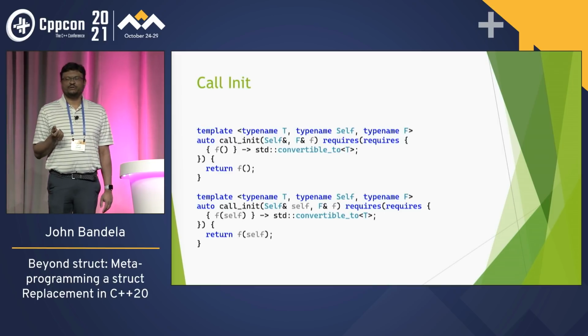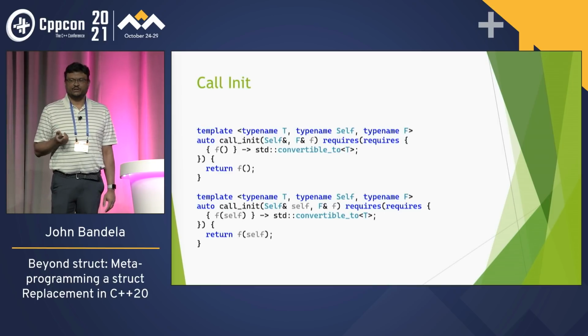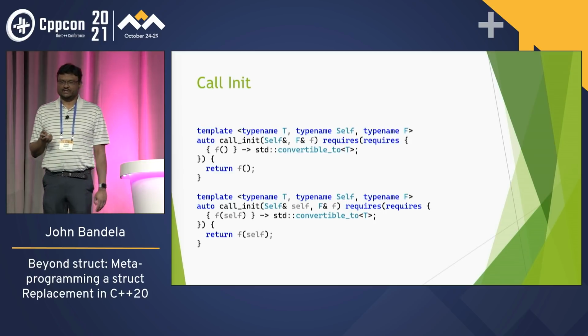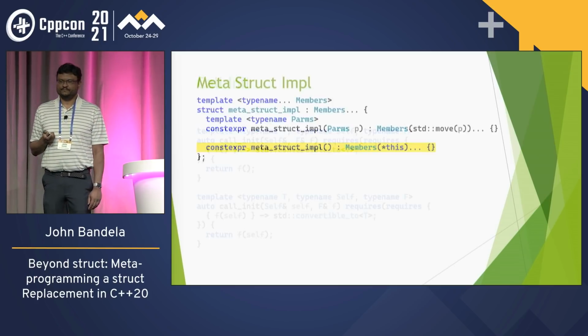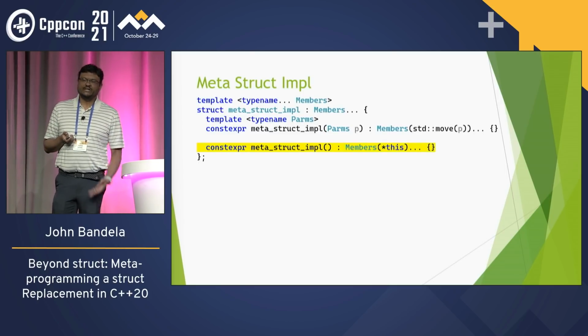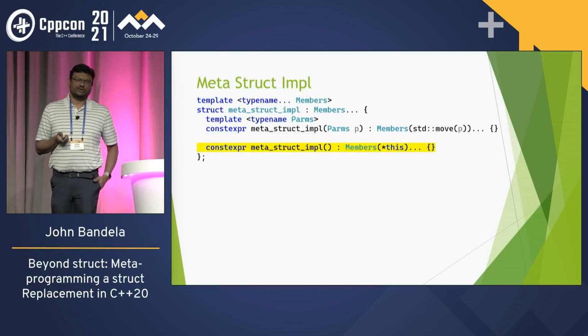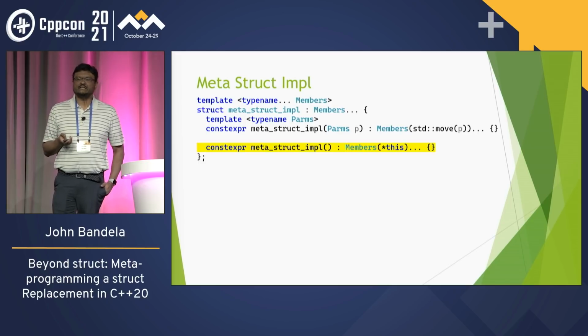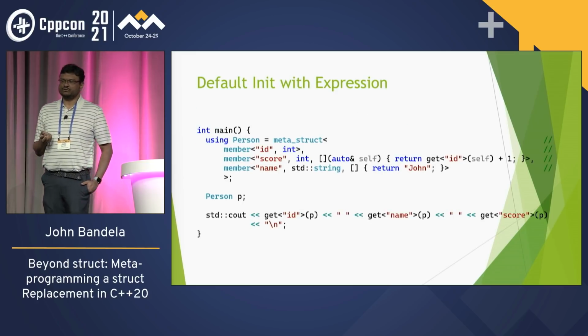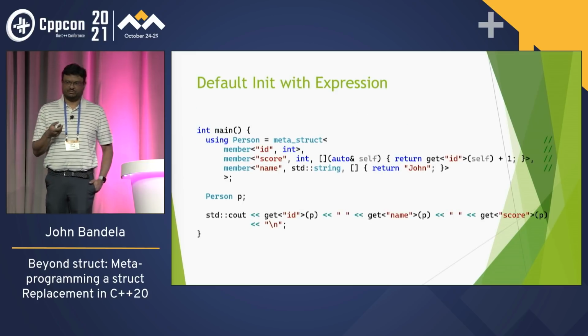How do we call it? Do we need to pass a self in or not? And we do the appropriate thing based on the overloads. Then for the metastruct Impl constructor, we just pass in a this. So we dereference this, that provides our self, and then we can pass it to each of the members, and they can get which ones they want. So now we have default init with an expression.